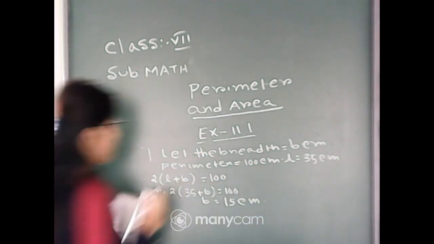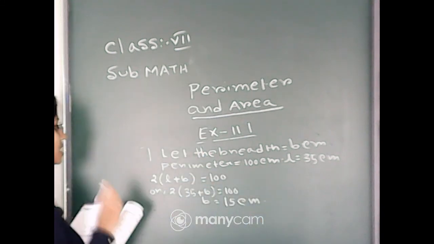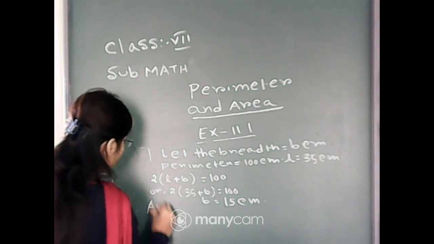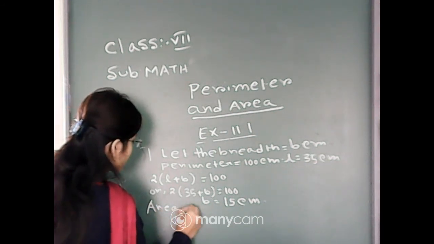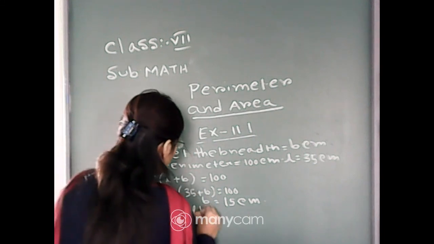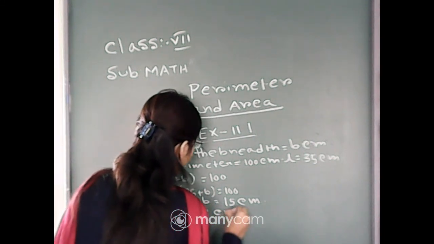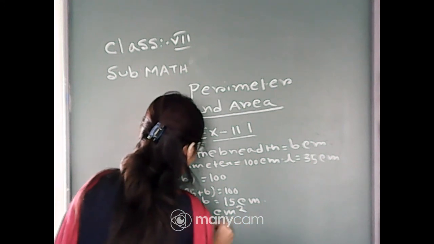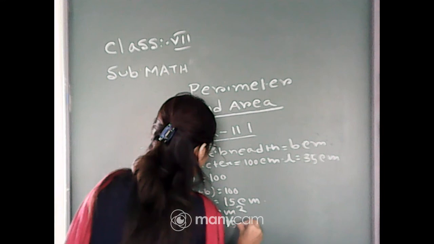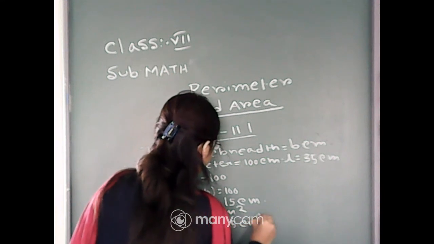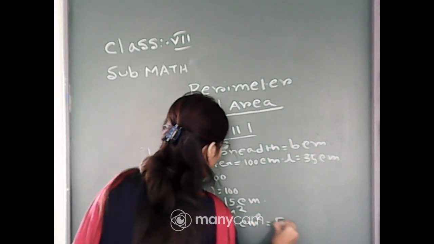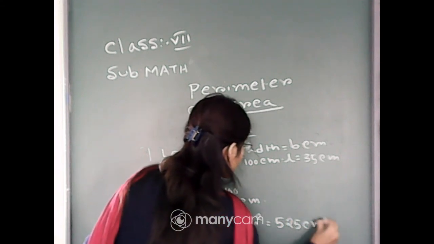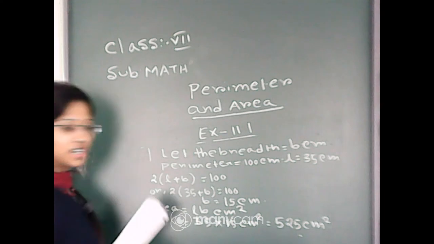Therefore, the breadth of the rectangular sheet is equal to 15 cm and area of the rectangular sheet is LB cm square, that is 35 into 15 cm square, that is 525 cm square. Clear?